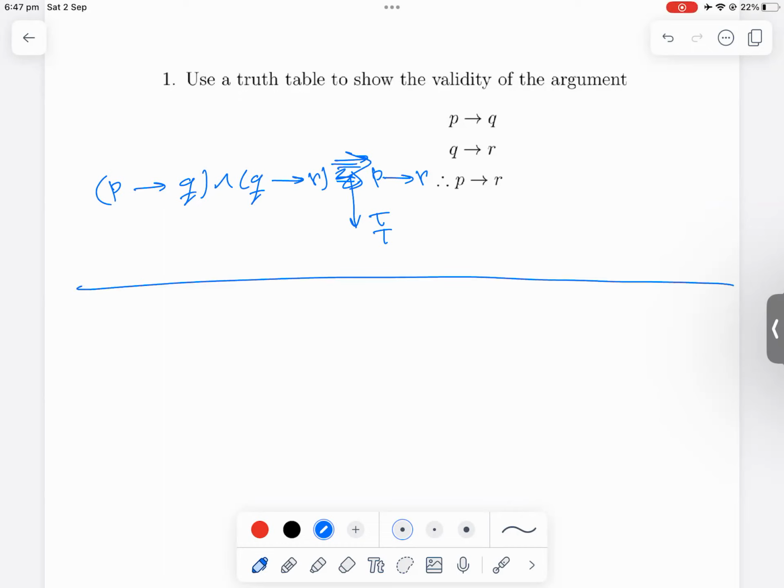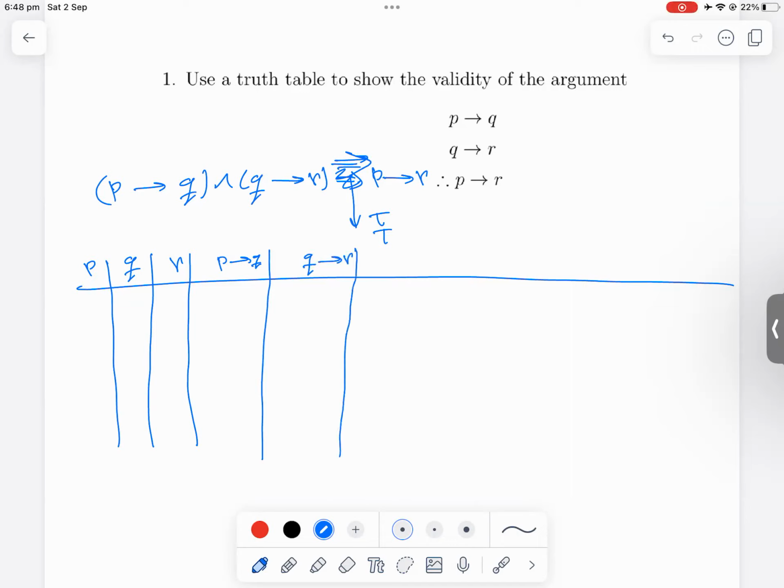So we start with the truth table P, Q, R. So we will do P to Q, Q to R for sure, P to Q and Q to R using this table and this table. Now after that we do P to R.